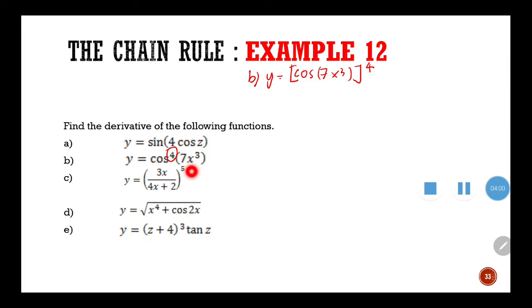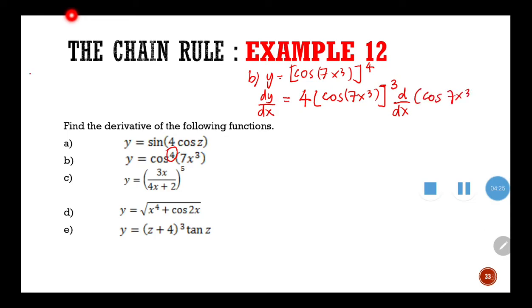Okay, so from here you will get dy over dx equals 4 times, copy the gajah rimah I said just now, cos 7x to the power of 3, everything to the power of 3, then differentiate whatever inside that you just copied. So d dx of cos 7x to the power of 3.